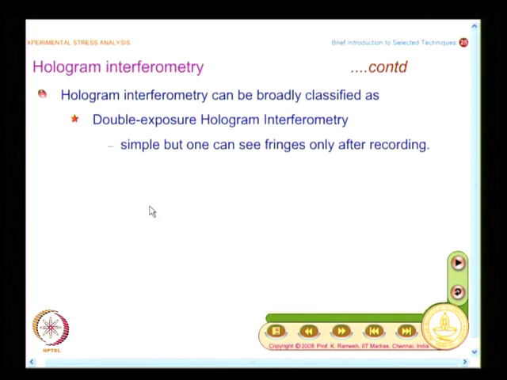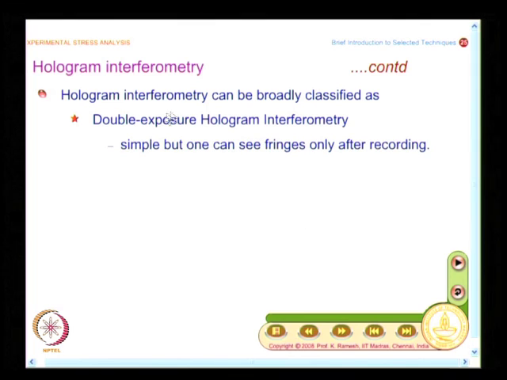One of the earliest was double exposure hologram interferometry. The name itself suggests that you are going to have two exposures. When you have two exposures, you will not be able to see the fringes in real time, because you have to post process these exposures; only then will you be able to see the fringes.